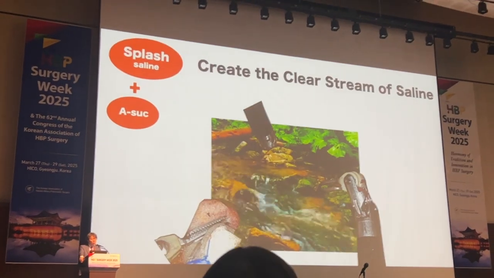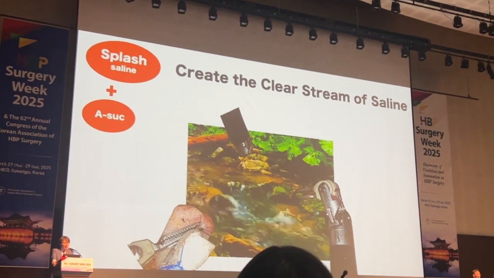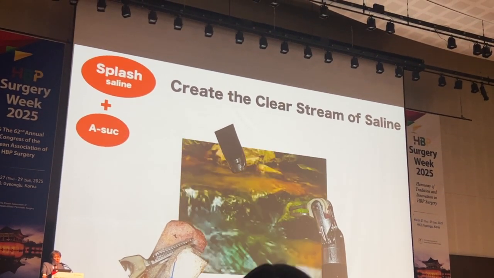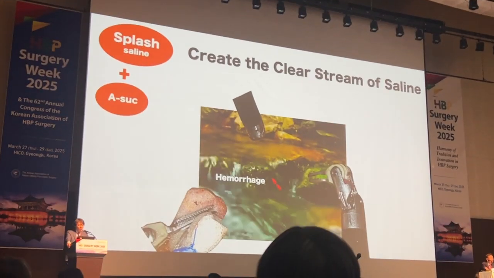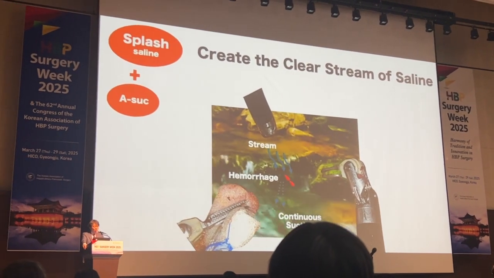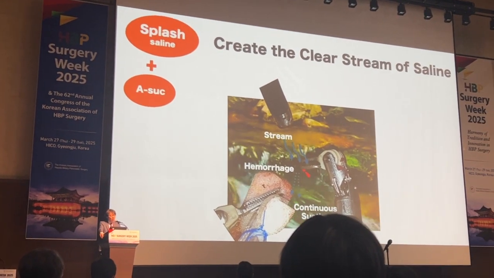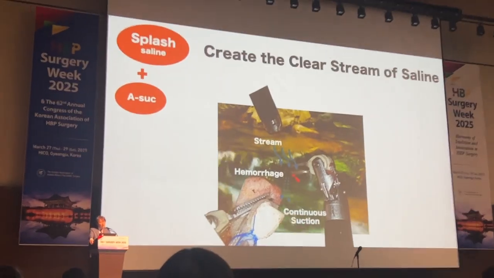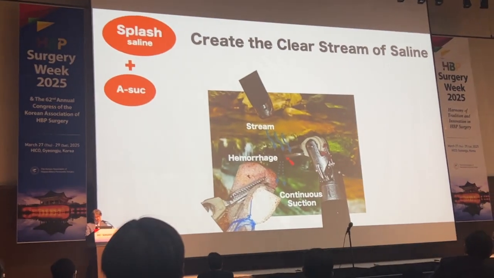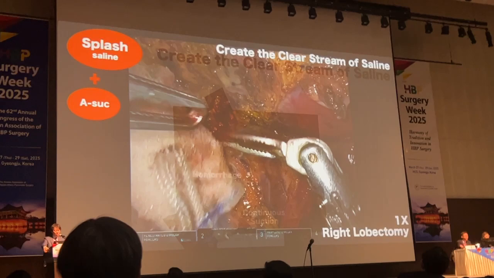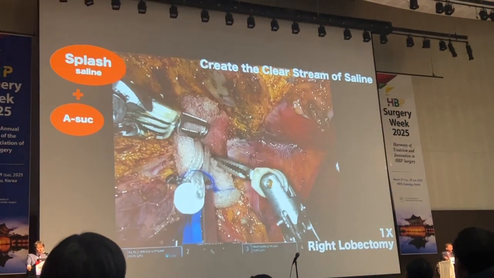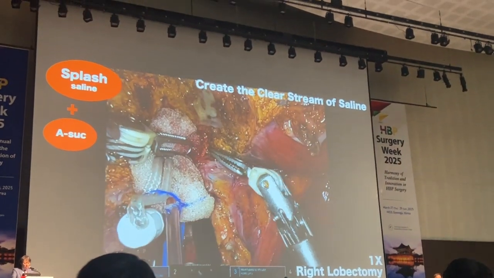Splash is the third point of the Trac and Pac method. The point is to create a clear stream of saline solution when hemorrhage occurs, to identify the hemorrhage site precisely and cauterize it in an adequate amount of water. We need to create a clear stream of saline solution.